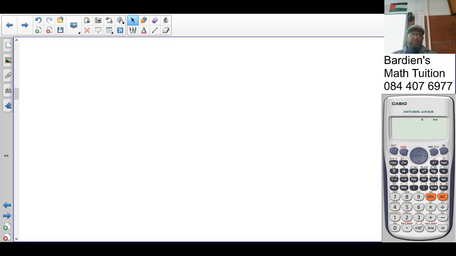Now we're looking at solving equations with rational exponents that can be factorized as a trinomial. Okay. This is on page 13.